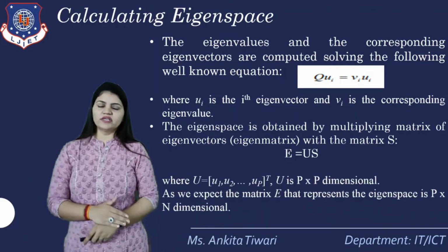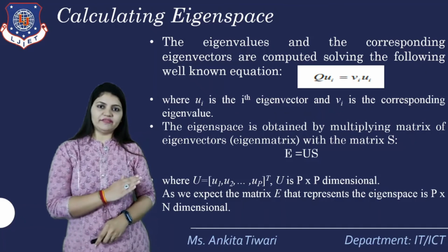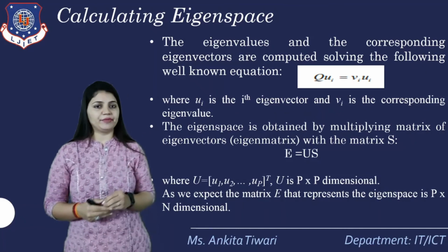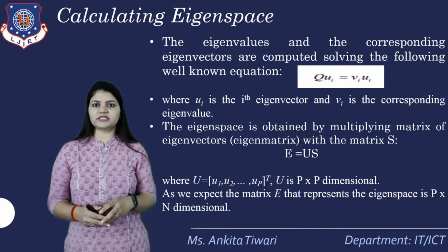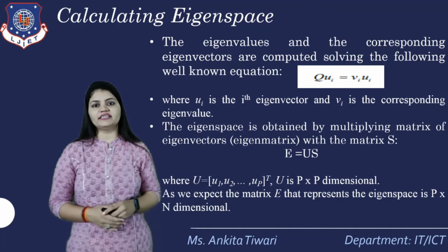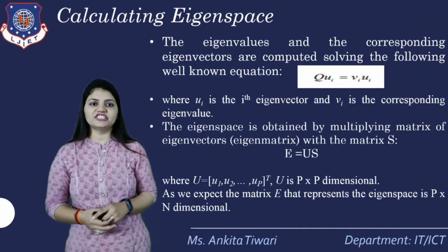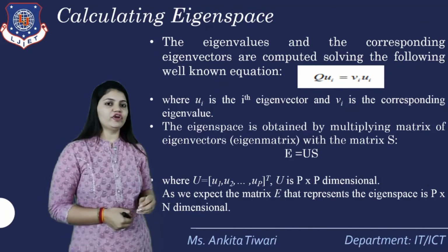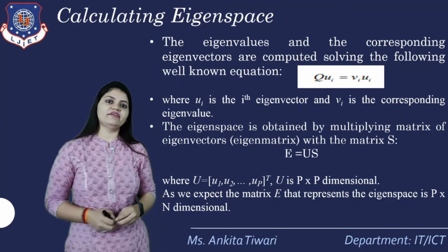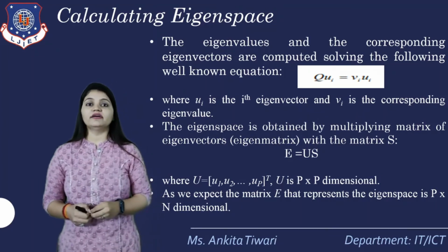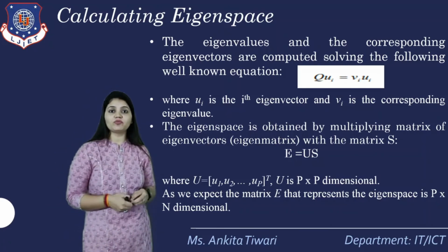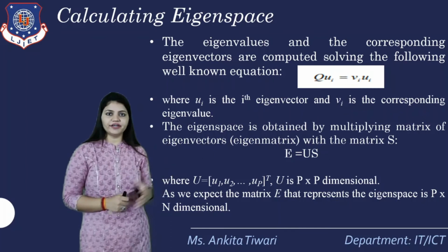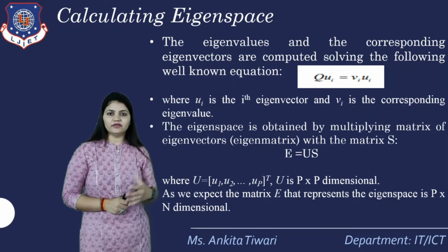Here U is equal to u1, u2 till uP, and U is defined as a P cross P dimensional matrix. As we expect, the matrix E that represents the eigenspace is P cross N dimensional. So the eigenspace is defined by the formula E equals U into S, as we have already defined the formula and the values.